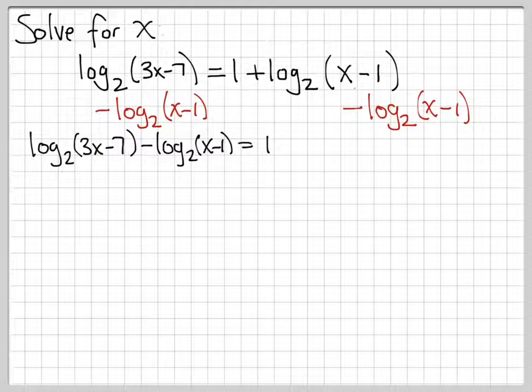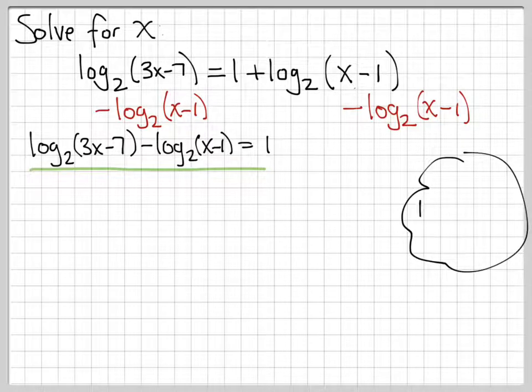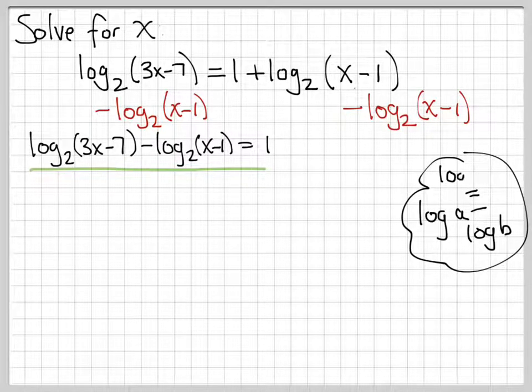And then you should notice that we're subtracting two logs with the same base, and in the back of your head you should be thinking log a minus log b is the same thing as the log of a over b.